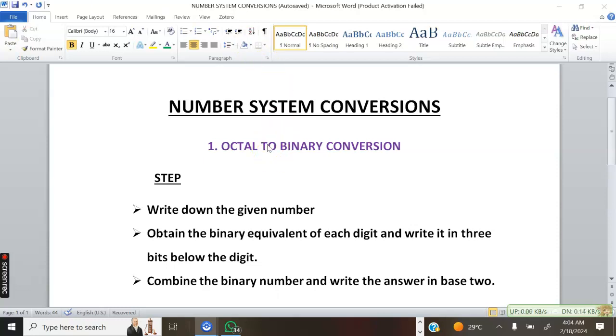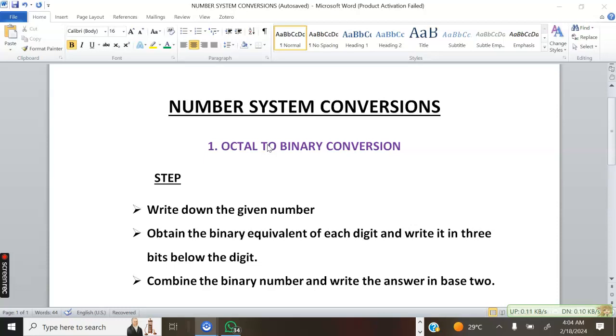Before we move to the actual example, you need also to remember that the binary must have 2 numbers, because base 2 means the numbers are either 0 or 1.